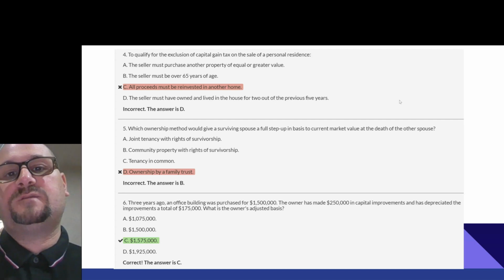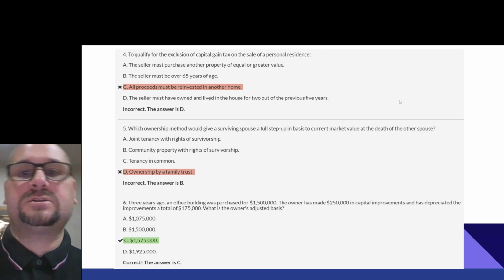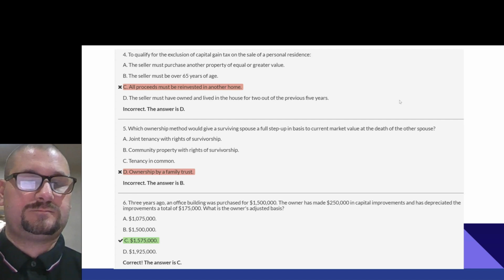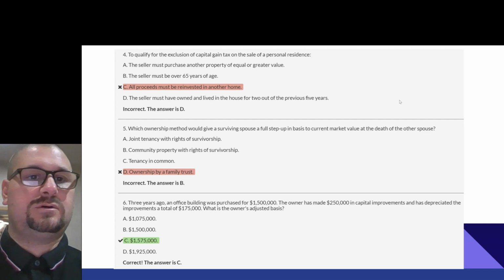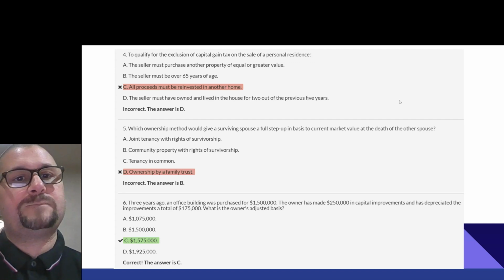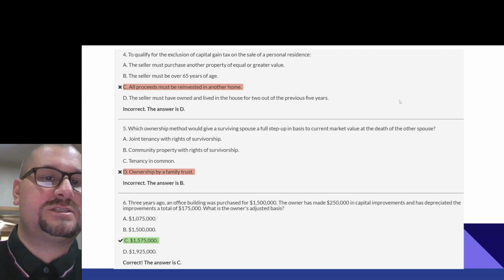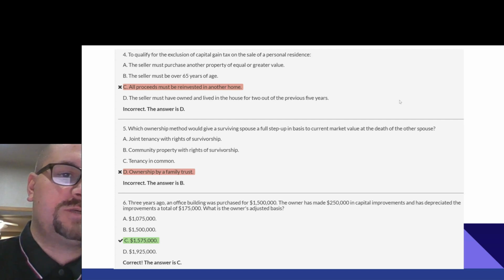Survivorship. A full step up in basis to current market value at the death of the other spouse. So joint tenancy with right of survivorship? No. Tenancy in common? No. Ownership by a family trust? No.